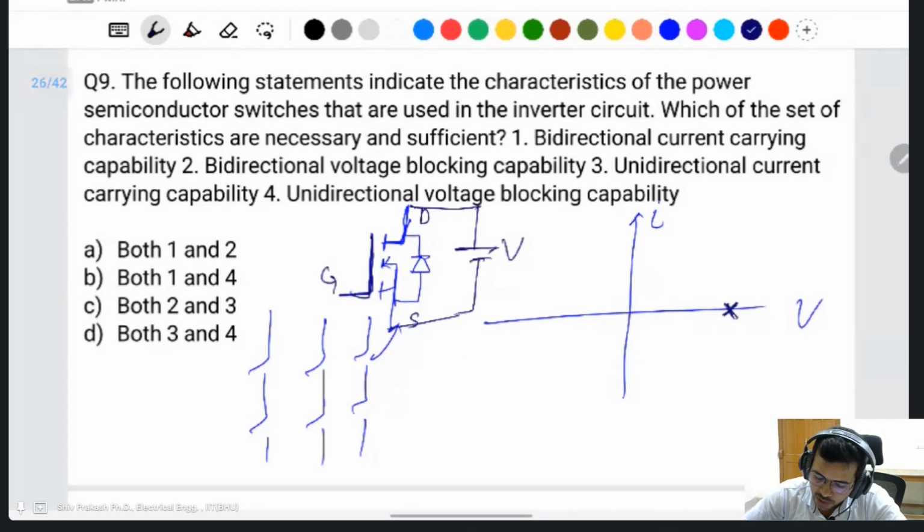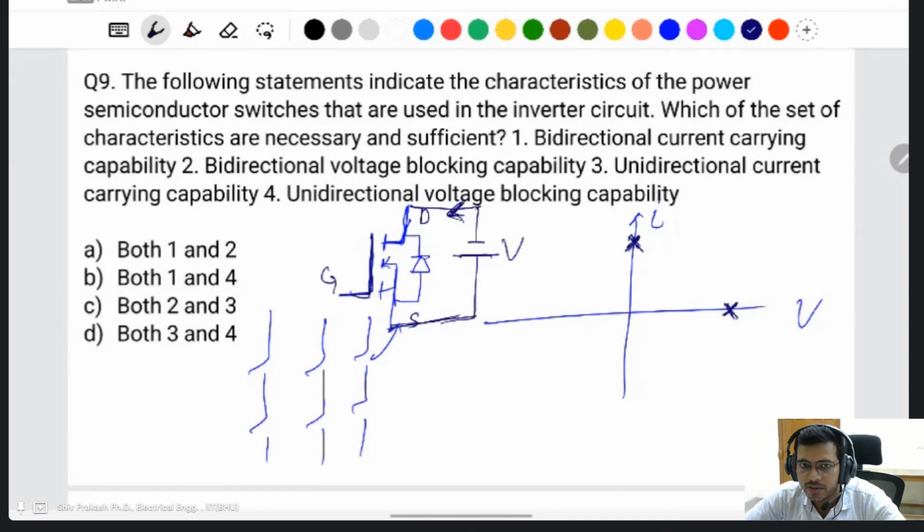If a switch is on, then current will flow, in the positive direction. Current flows like that. In the two directions, here the voltage applied is positive. Suppose you apply a negative voltage, then what happens? In a MOSFET I have the body diode.